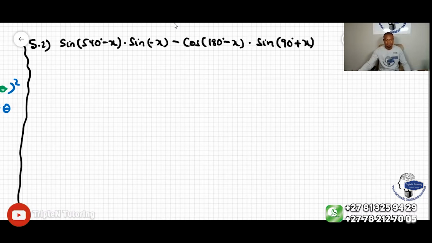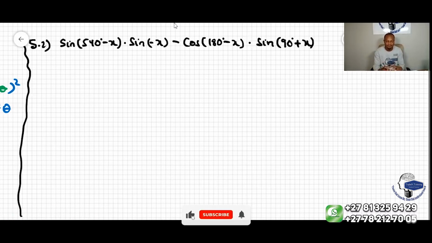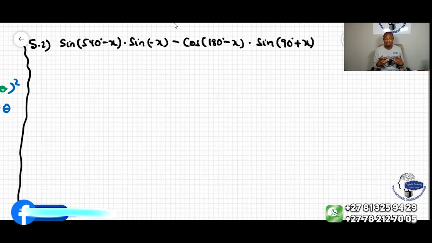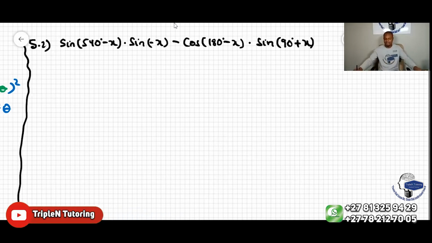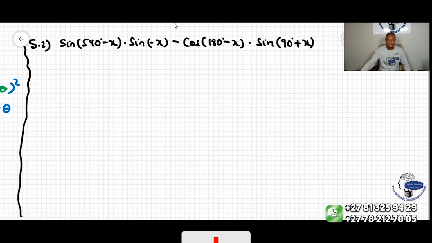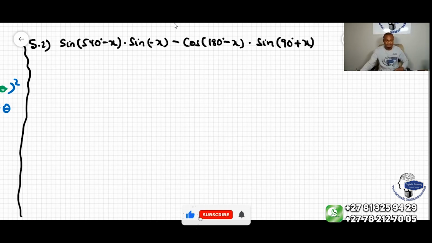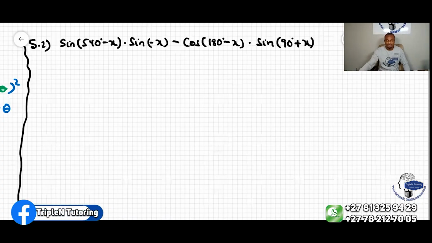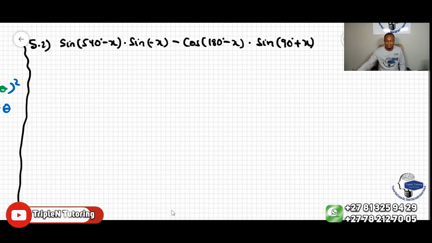All right, so we need to have formulas, trig functions, properties and theorems in mind when we reduce trigonometric expressions. Like in this case, we have sine of 540 minus x. Maybe let me draw a circle just to show the rough sketch here.